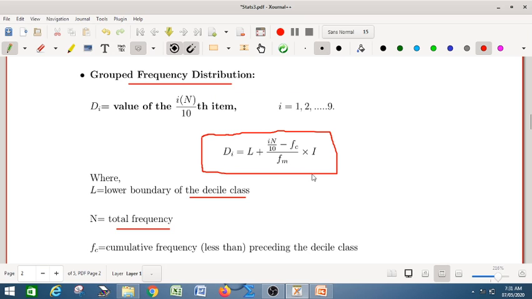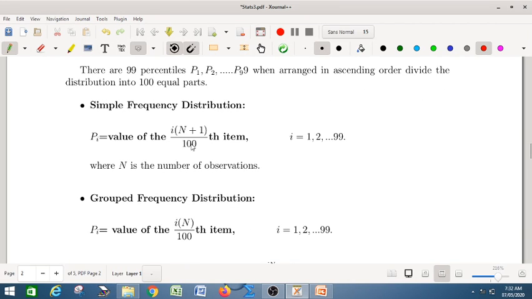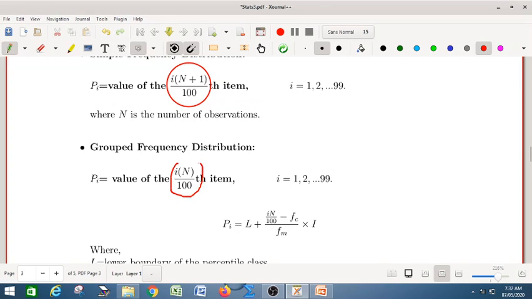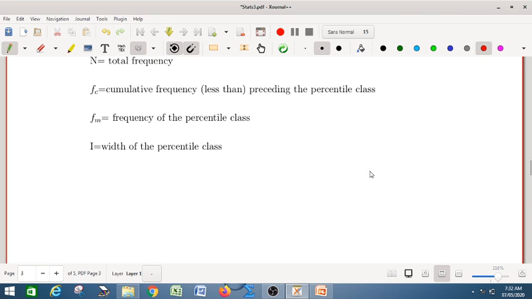You look at that, same thing, only the change is 10 instead of 4, and obviously for percentile it will be by 100. So I am not going into detail of percentile, because the change is only by 100, but the other things remain the same. So this is how you can calculate the partition values for simple series or group frequency distribution.